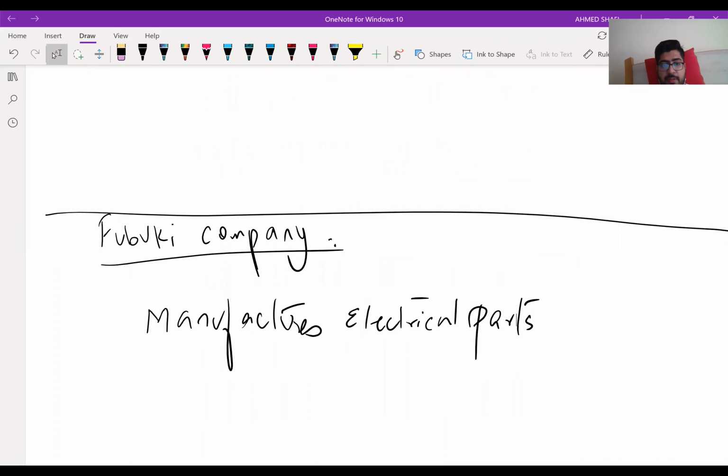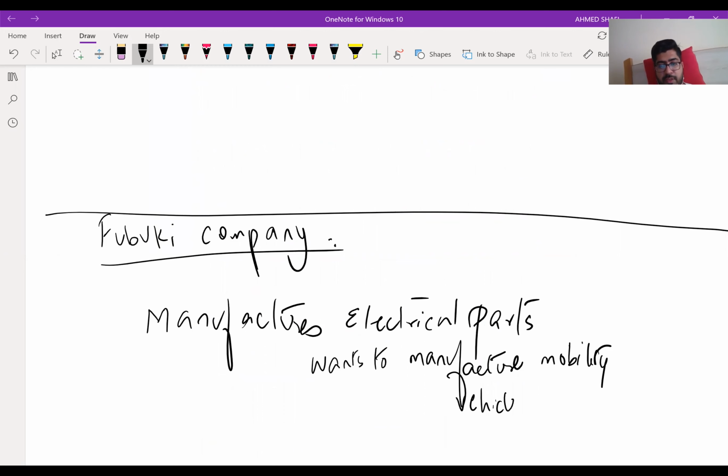Fubuki makes electrical parts and wants to manufacture mobility vehicles locally. So see, it manufactures electrical parts, but now wants to manufacture mobility vehicles.